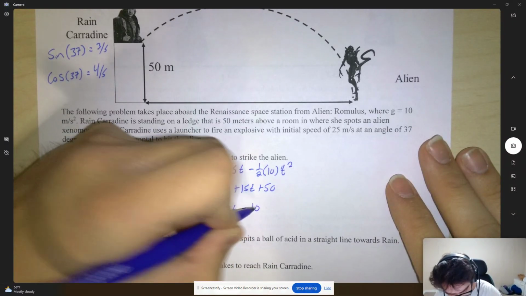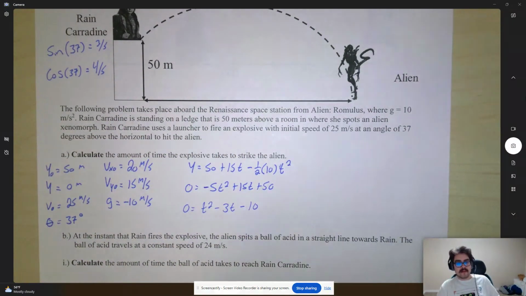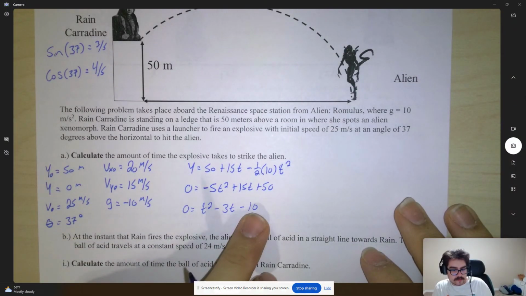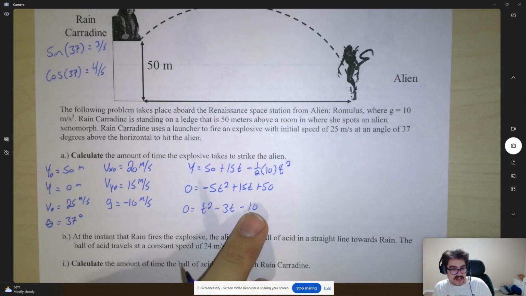You could use the quadratic formula here. But if I'm not mistaken, you can actually factor this pretty easily. I think it ends up being 5 and 2, right? So add to get the first number, multiply to get the second. It looks like it's going to be negative 5 plus negative 5 and positive 2.